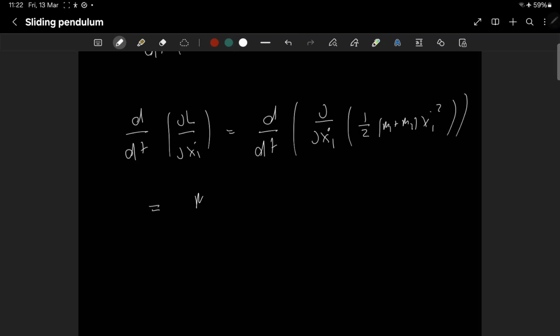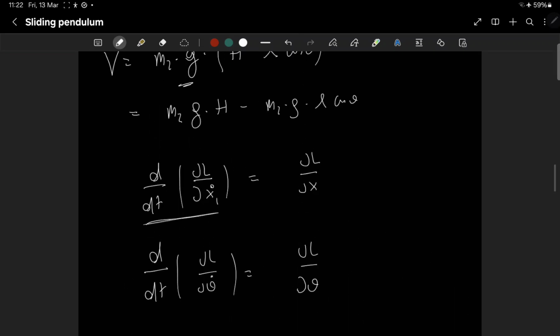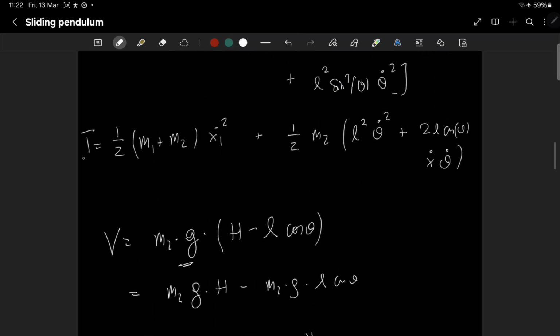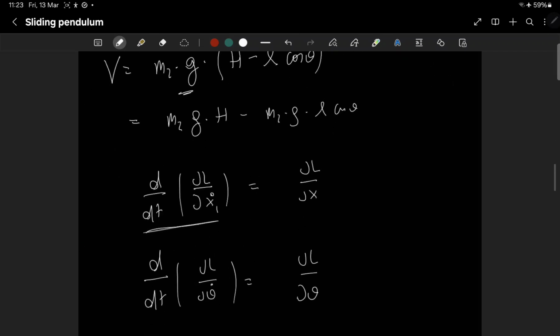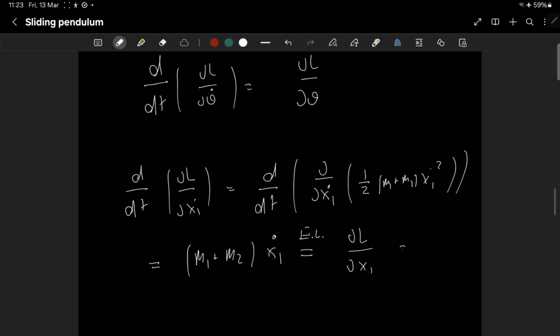So we are left with m1 plus m2 times x1 dot, and this, according to the Euler-Lagrange equations, is equal to partial L by partial x1. Now the Lagrangian, neither the kinetic energy, as you can see here, nor the potential energy depends upon x1. So this is just going to be equal to 0.